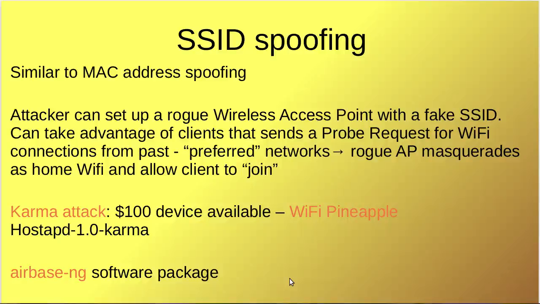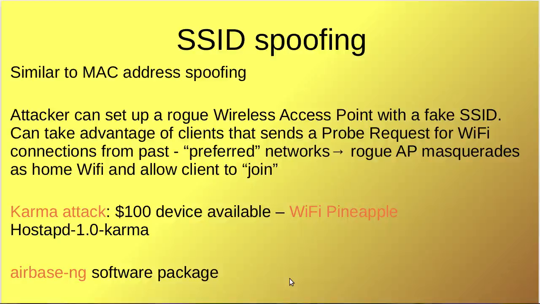You can do SSID spoofing, which is similar to MAC address spoofing. The idea there is that an attacker can set up a rogue wireless access point with a fake SSID and can take advantage of clients that send probe requests for Wi-Fi connections from the past. So for example, if your home Wi-Fi access point SSID is stored on your device as one of your preferred networks, and you come into a cafe and you ask, is my home access point here?